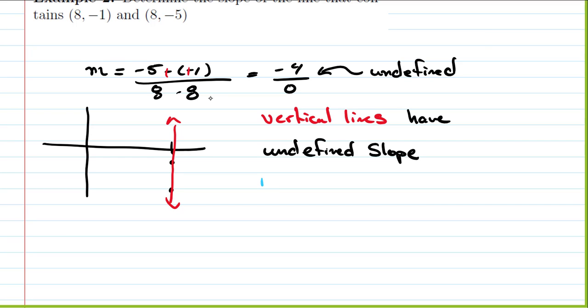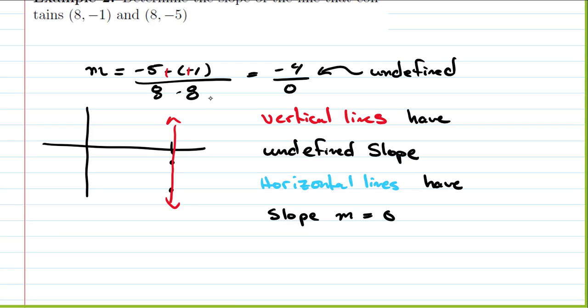Horizontal lines have slope m is equal to 0.